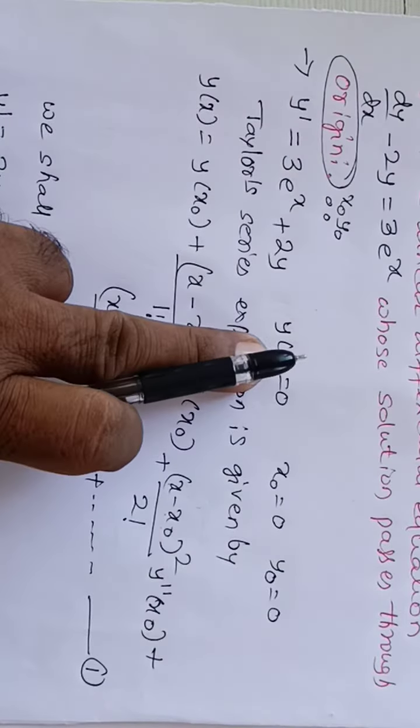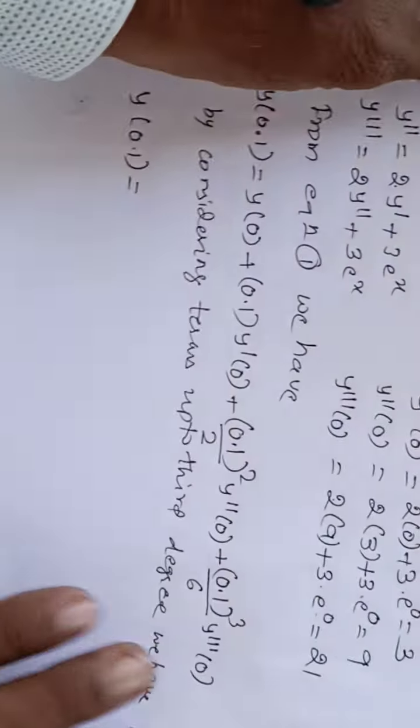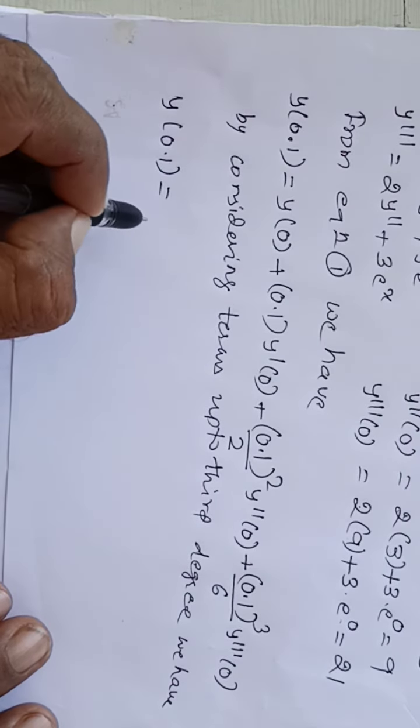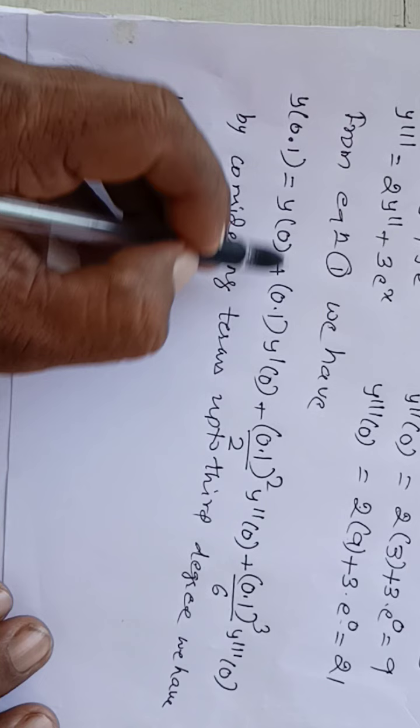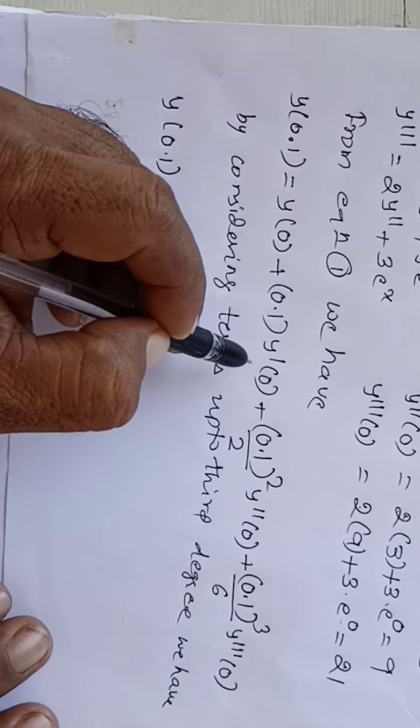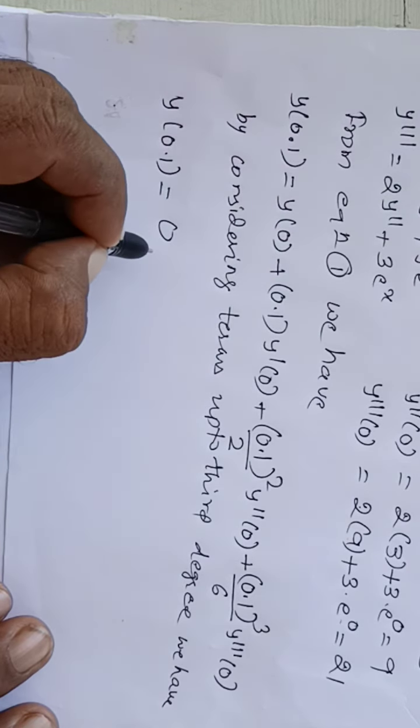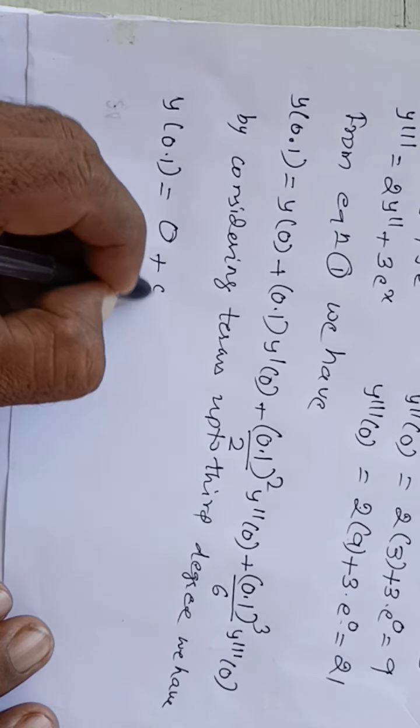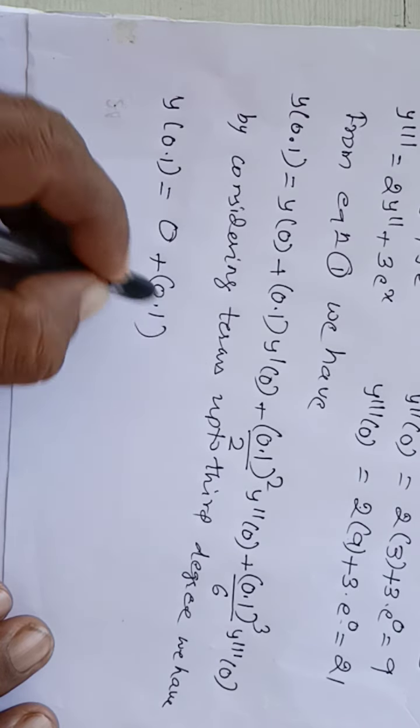Yes, y of 0 is equals to 0. It is definitely 0 this term. Next 0.1 into y dash of 0.